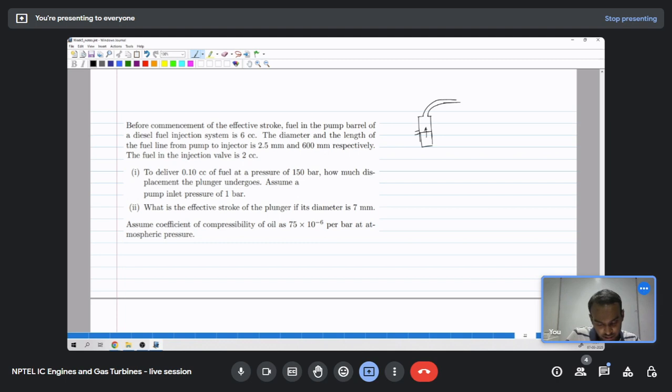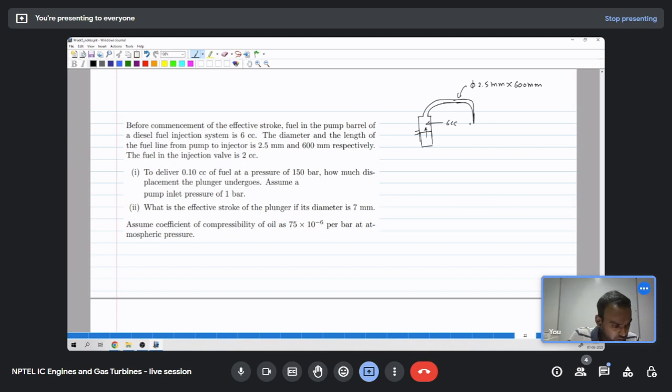While it is starting, the fuel in the system in the pump barrel is 6 cc and it has a line of diameter 2.5 mm and length of 600 mm.